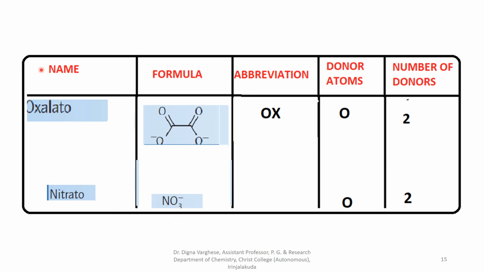Here, like the carbonato compound, you can see two oxygen atoms coordinated to the metal atom. So it acts as a bidentate ligand. If it coordinates to the metal atom with one oxygen atom, then this particular ligand acts as a monodentate ligand.